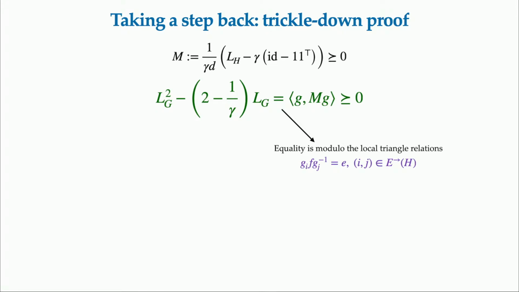And since it's a quadratic form with a PSD matrix, no matter what I plug in for the group elements, as long as they satisfy the relations of the group, that is, as long as the links, so these relations are saying the link has to look like H, as long as they satisfy those relations, you should get a positive quantity on the right.